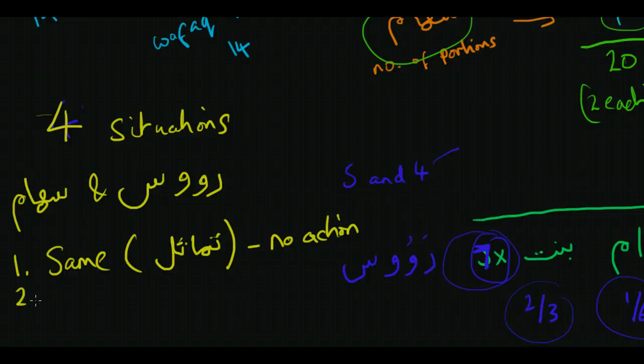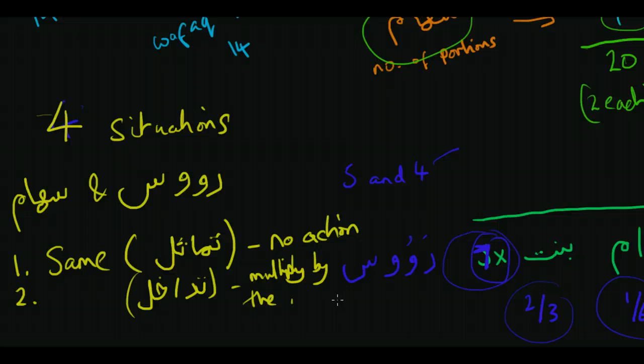Number 2 is where we have a tadakhul relationship, and what we do there is we multiply by the ru'us, and similarly for a tabayun relationship, we do the same thing.